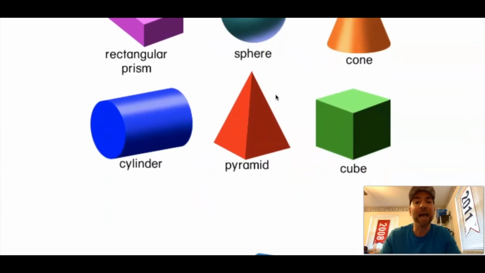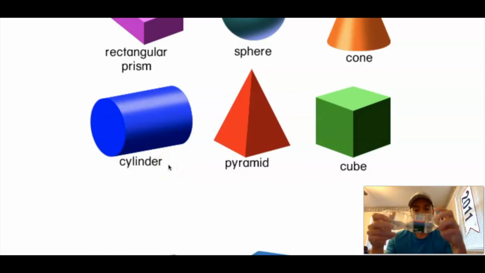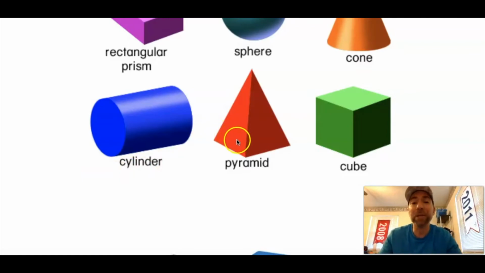And then we have our cylinder. Say that word, cylinder. Yeah, my cylinder was like my water bottle. The bottom is flat, and then the side is all curved. And then we have the pyramid.